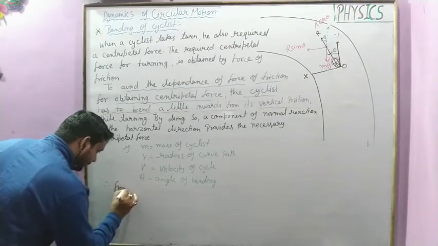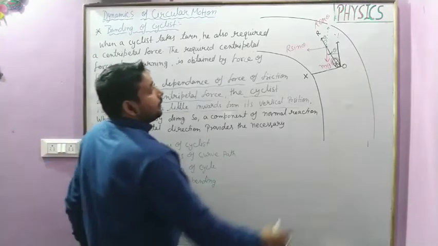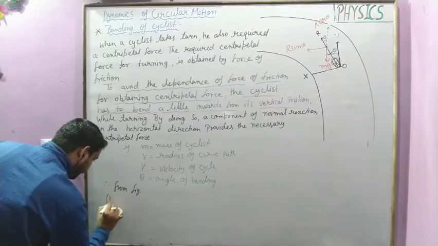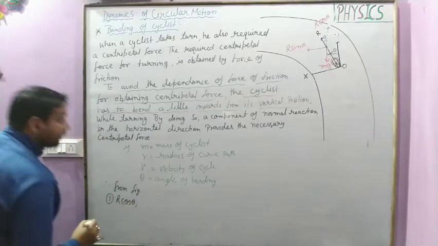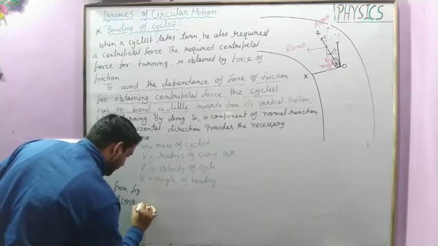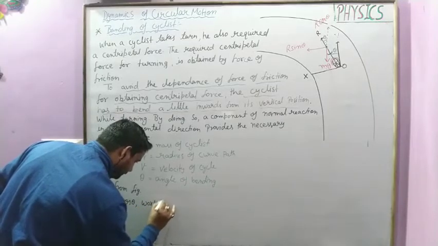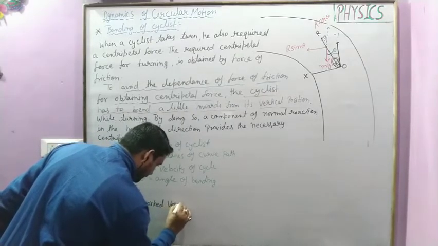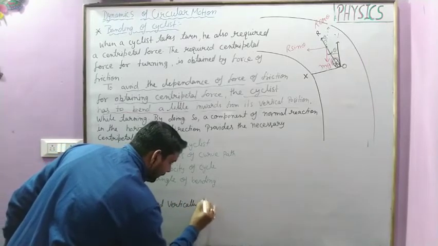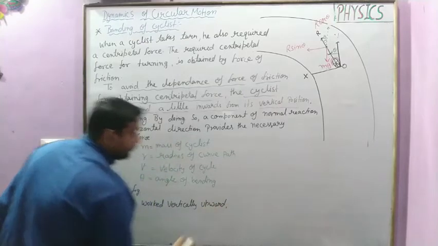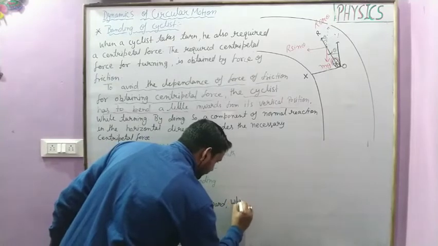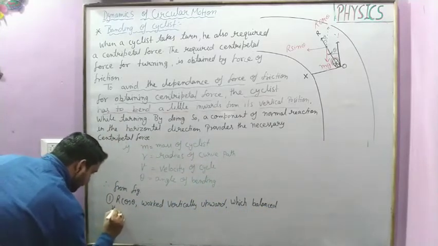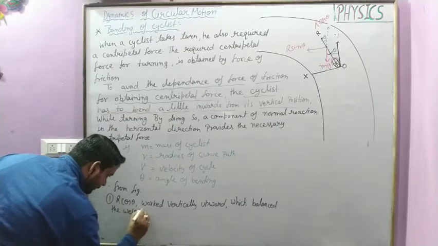Therefore, from the figure, the vertical component of the normal reaction, R cos theta, works vertically upward, which balances the weight of the cyclist.